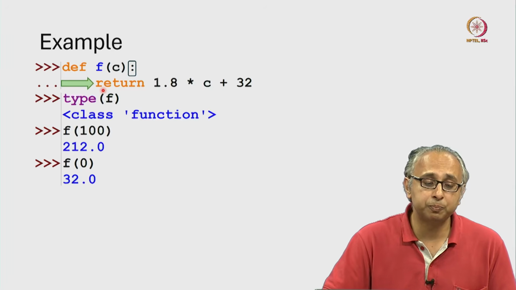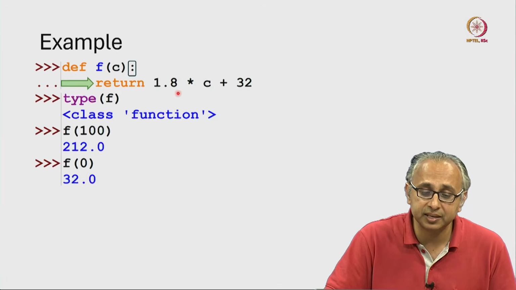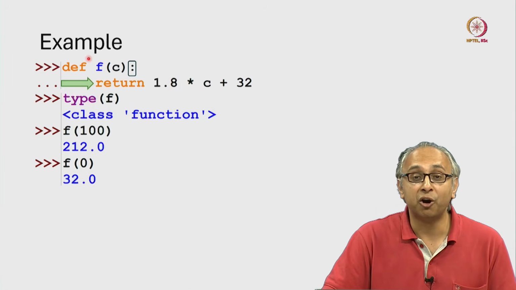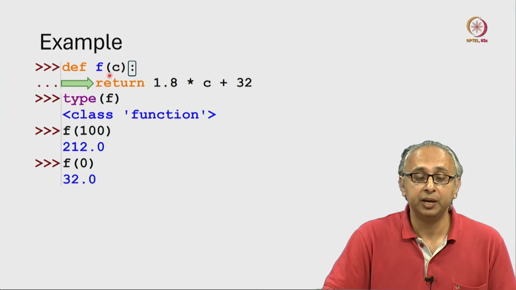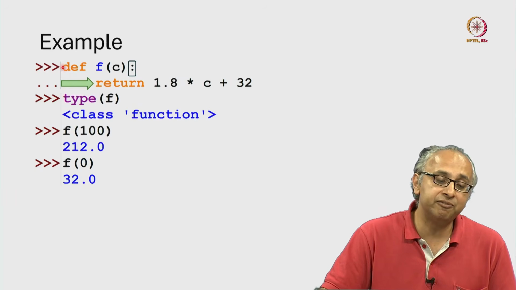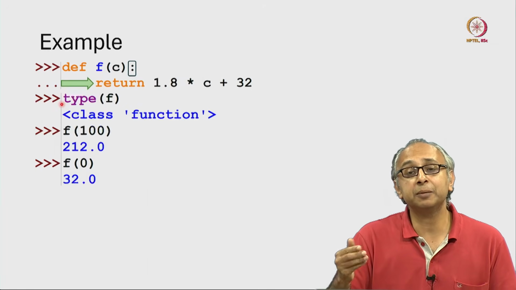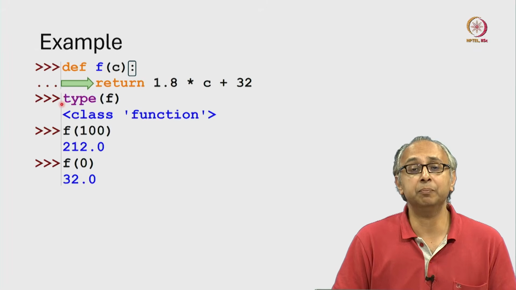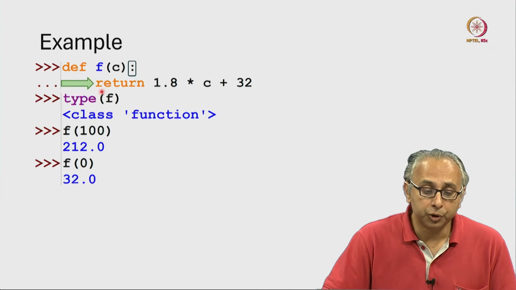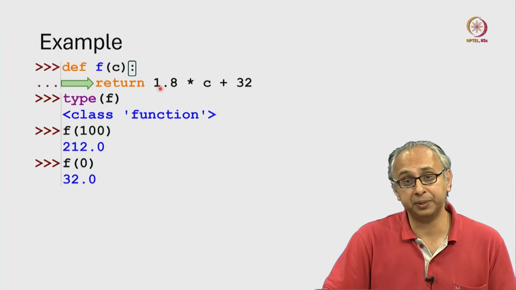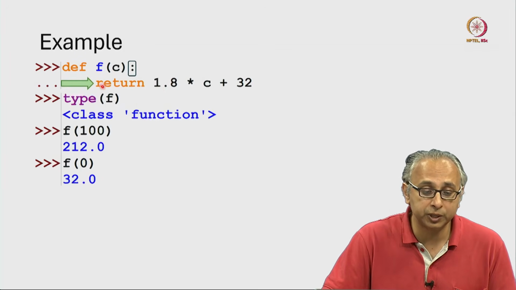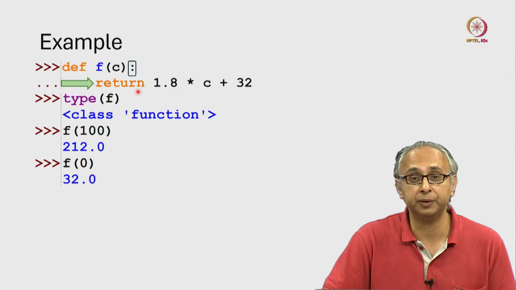This is what allows Python to tell us that this statement is inside the body of this function f. Once we have a statement that is indented at the same level as def, that statement is outside the body of function f.